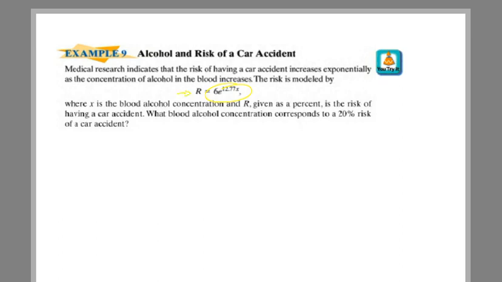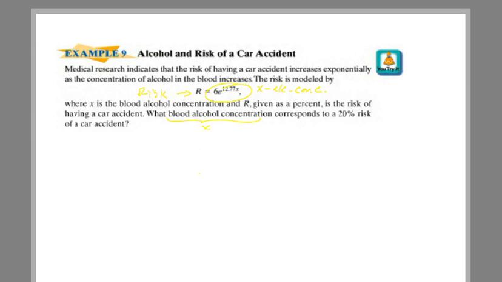R is the risk. What is x? x is the blood alcohol concentration. So what we want to do is figure out what blood alcohol concentration.